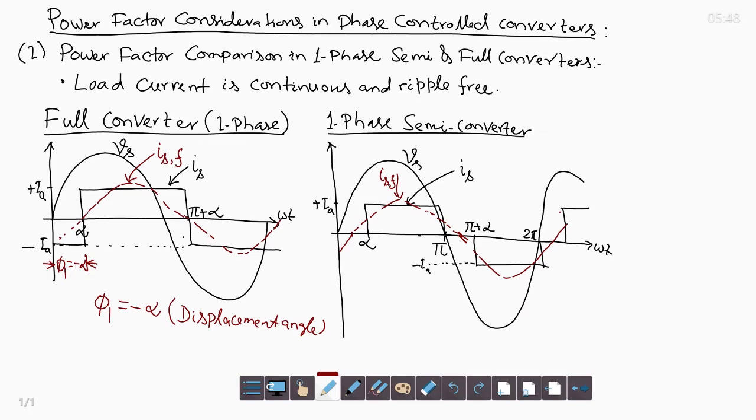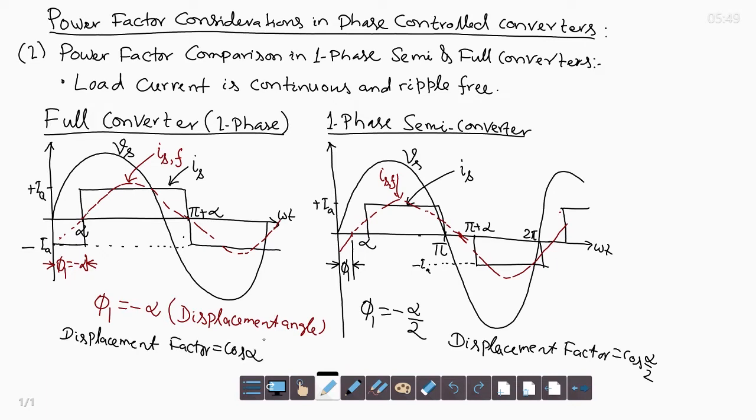Here you find the phase angle, which is phi 1. Phi 1 is minus alpha by 2. So displacement factor is cos alpha by 2, whereas in a single phase full converter, displacement factor is cos alpha.